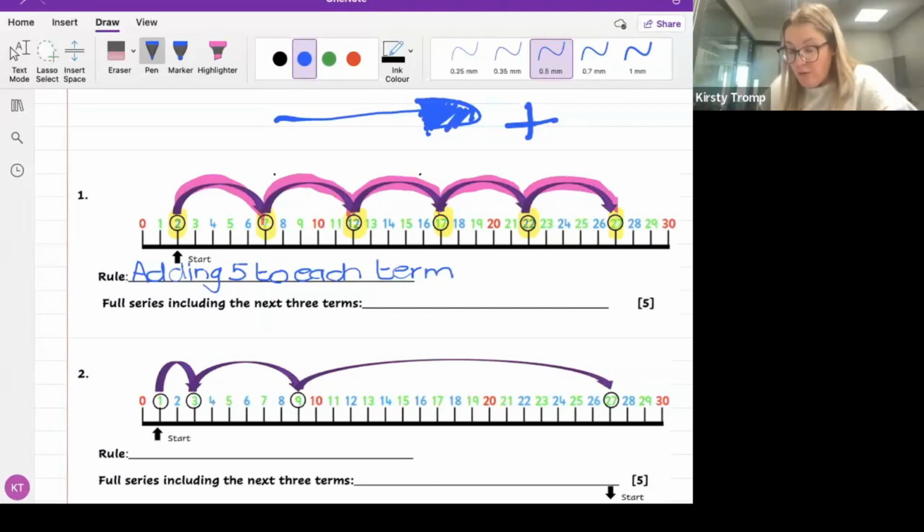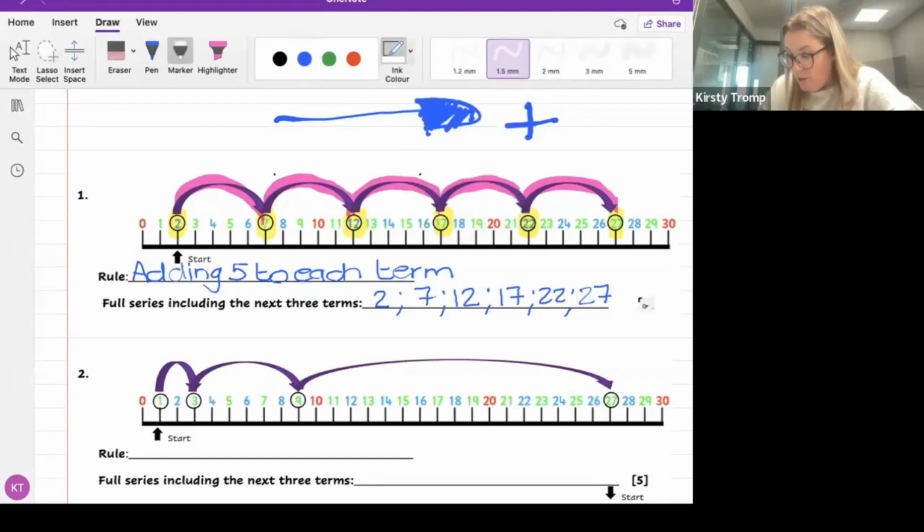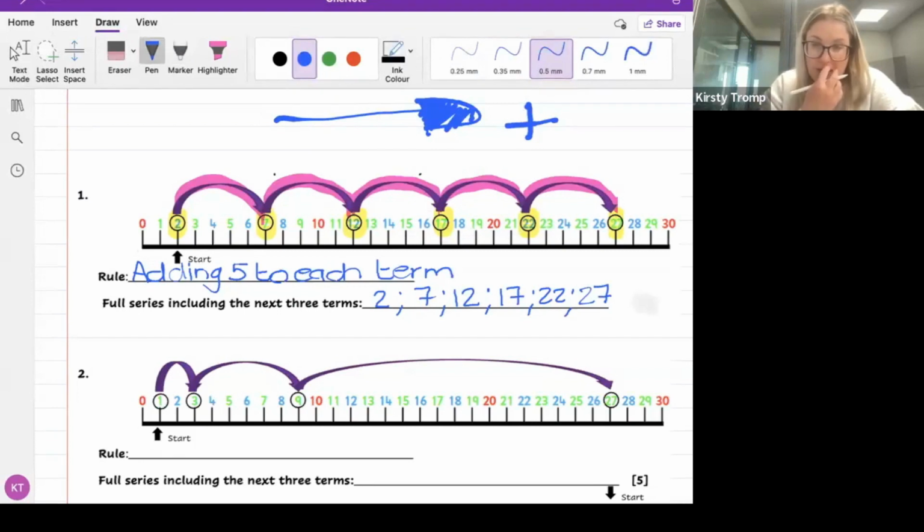So if I do a full series, including the next three terms, the numbers that were circled were 2, 7, 12, 17, 22, and 27. The question has asked me to add the next three terms, so I need 3 more terms onto here.